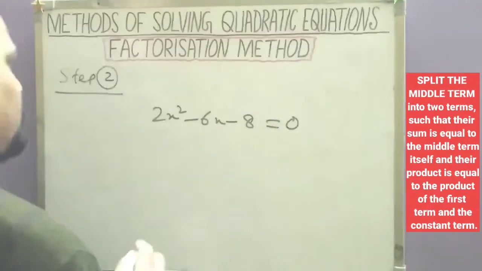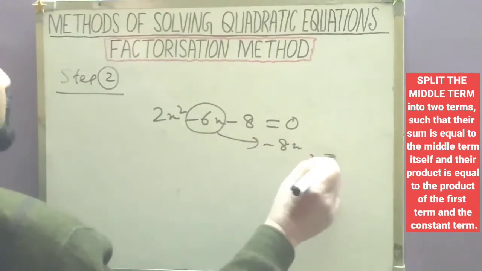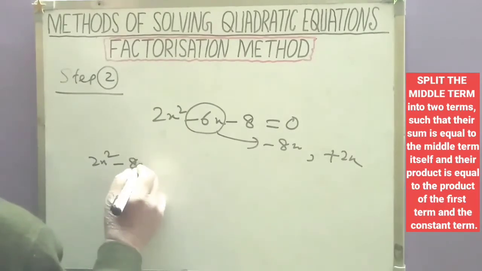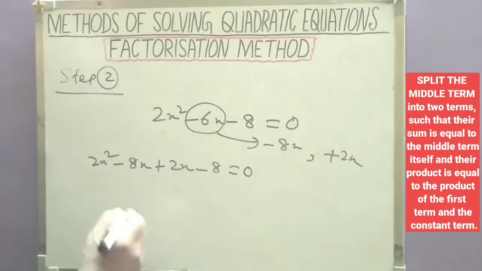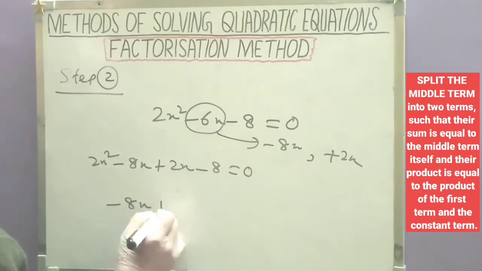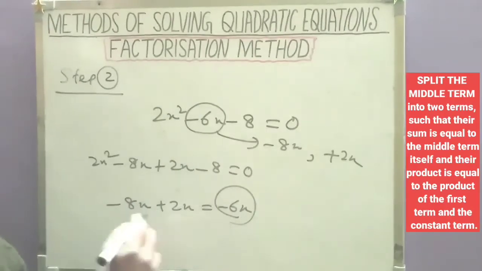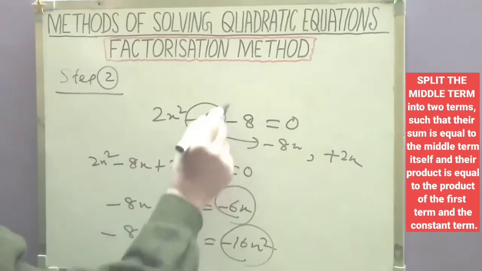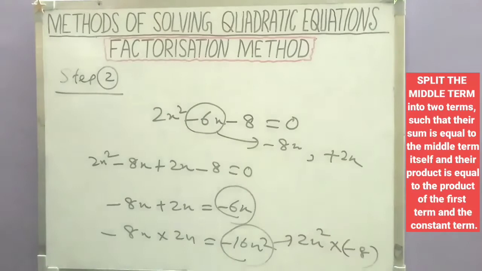For example, in the quadratic equation 2x² - 6x - 8 = 0, split the middle term -6x into two terms -8x and 2x, such that their sum, that is -8x + 2x, equals -6x, which is the middle term itself, and their product, -8x into 2x, equals -16x², which is equal to the product of first term and constant term, that is 2x² into -8, which is -16x².